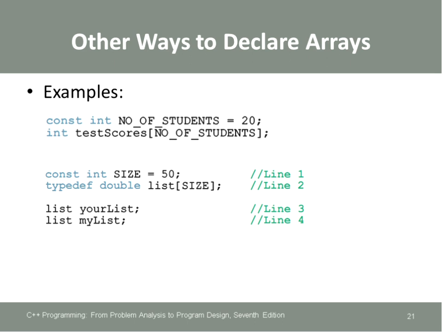In this case, you can just have list, your list and my list. It looks really simple, like any simple data type. You can declare variables of that type. But the typedef will ensure that the size is always going to be 50, and the array is going to be of data type double. Now it's much easier to refer to that.